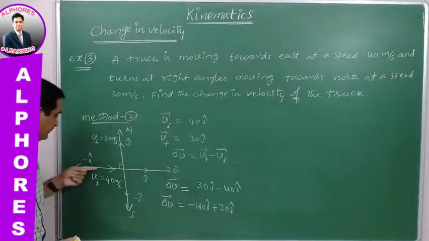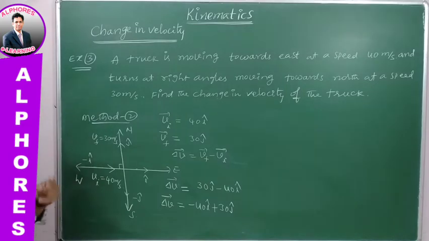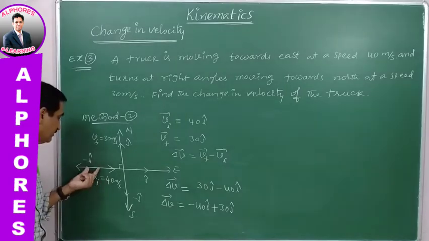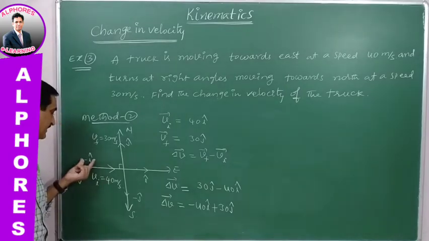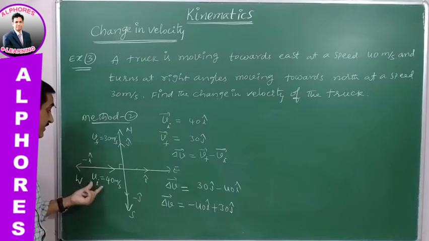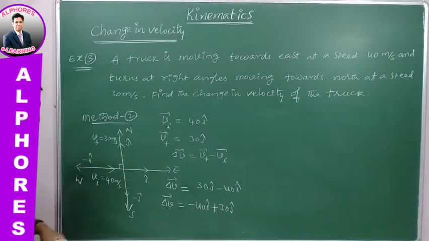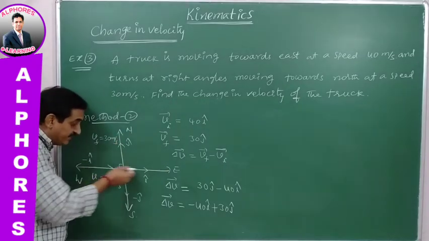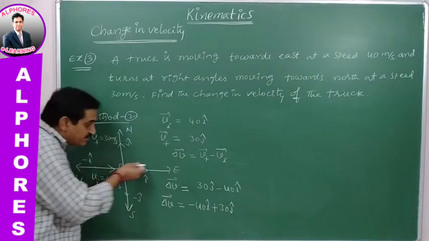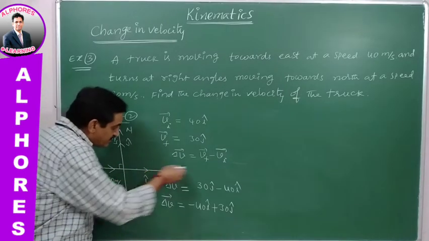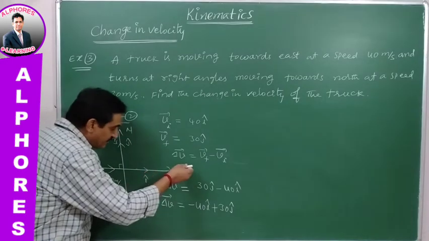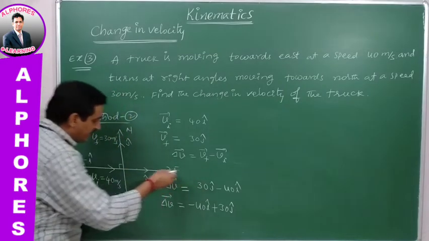Here it is moving towards east. Don't think of it as physically shown on the negative x-axis, that is minus i cap. Don't take this as 40 into minus i cap, minus 40i. It is wrong. Actually, its direction we have to take into account. It is along the positive x-axis, that is the eastward direction.